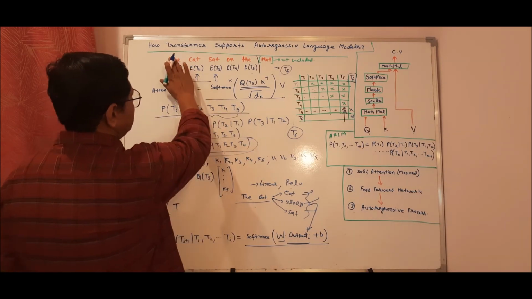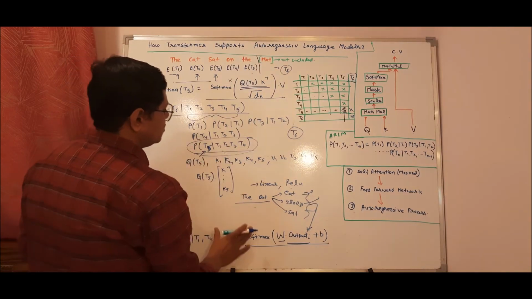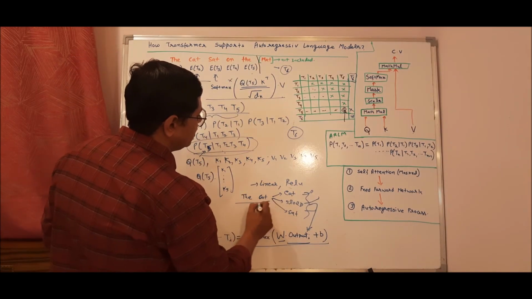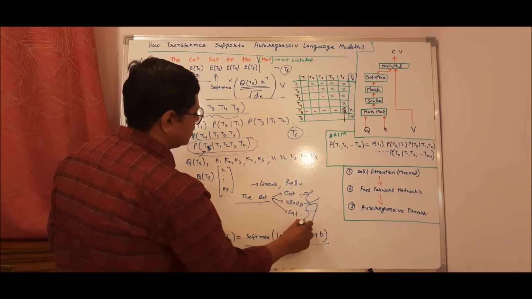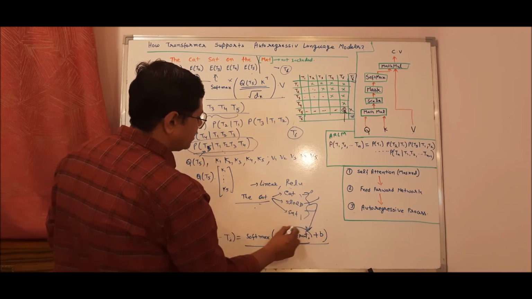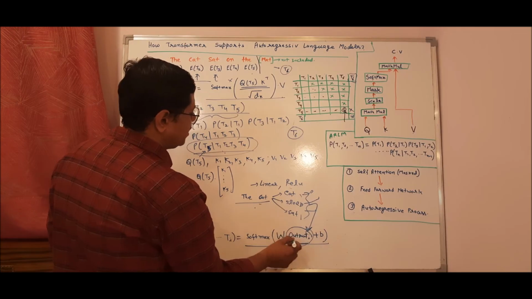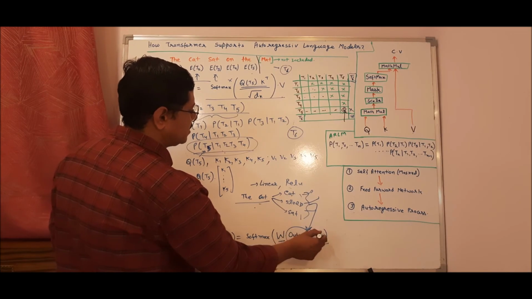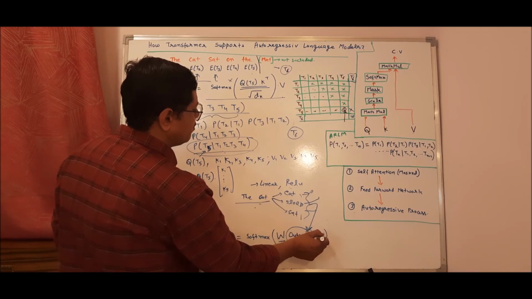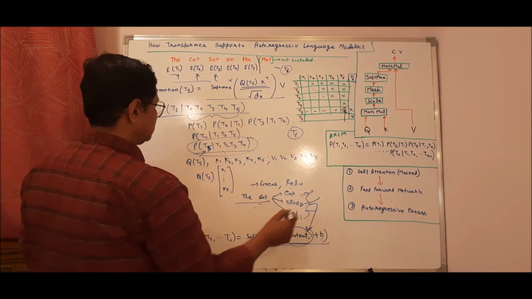So for example, we have the cat sat on the. What will be the next best output? That will be calculated here, with respect to a learnable weight matrix and the bias B, which is also learnable.